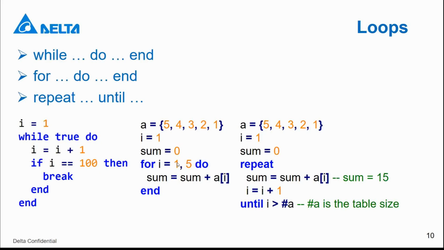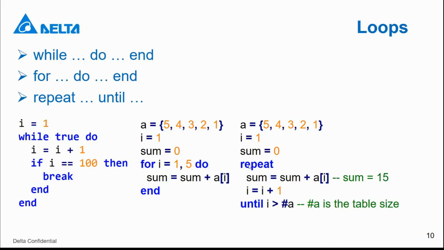So it will go 1, 2, 3, and in the end 5, and it will run 5 times in total. In this loop, you can use this I as an index of the table. Then you can access each element in this 5-times loop.